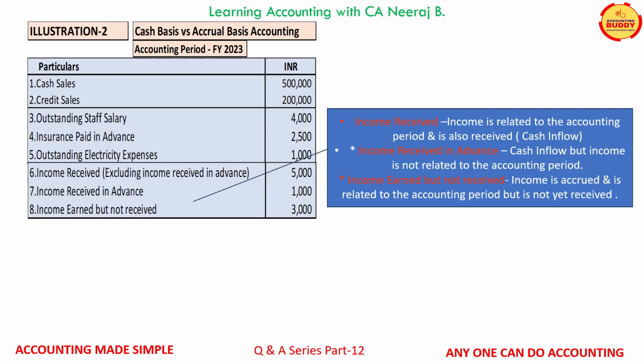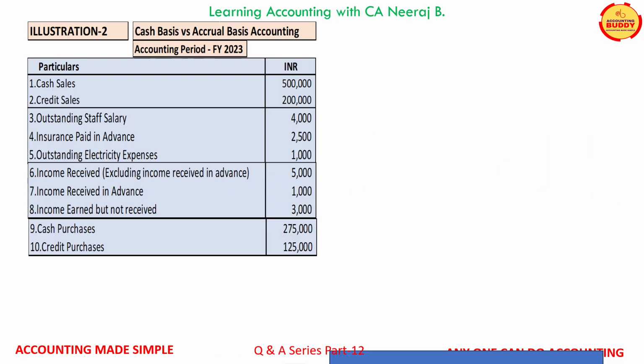Income received means that the income is related to the accounting period and cash is also received. Income received in advance means there is an inflow of cash but income is not related to the accounting period. Now income earned but not received means income is related to the accounting period but it is still not received.